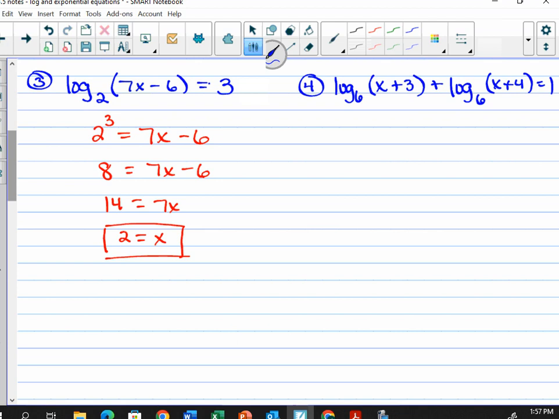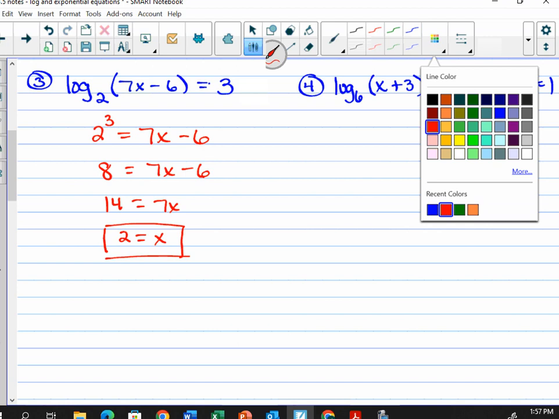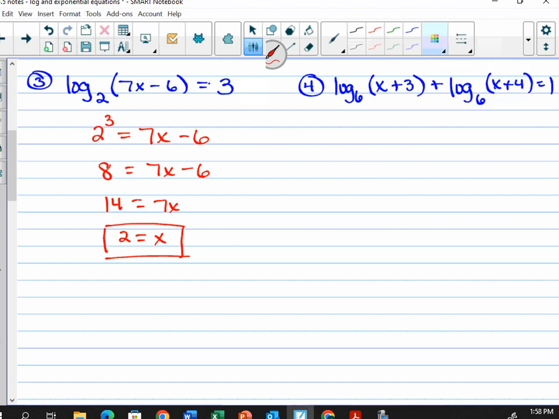All right, guys. What do you think you need to do first on this one? Simplify. What do you mean by simplify? Rewrite. Okay, how? By adding. Well, what does a plus mean between logs? Multiply. Okay, so this is really log base 6 of x plus 3 times x plus 4 equals 1.